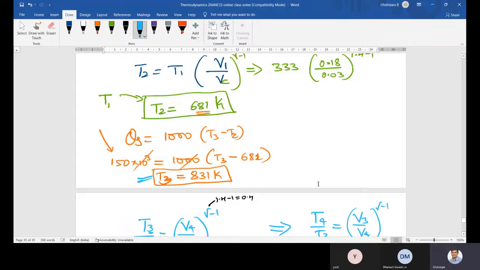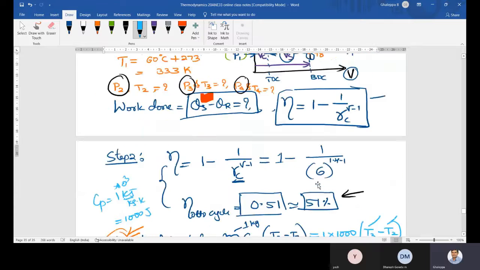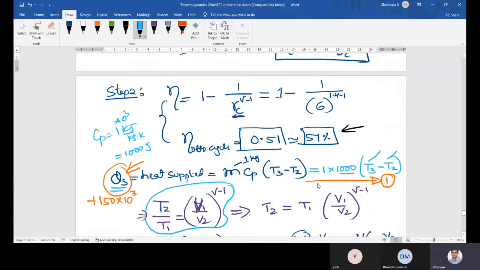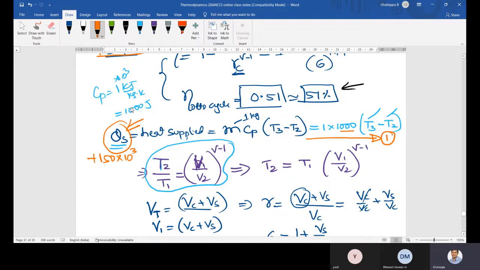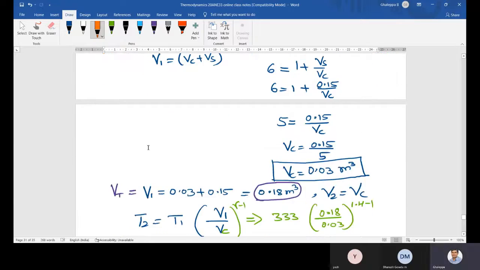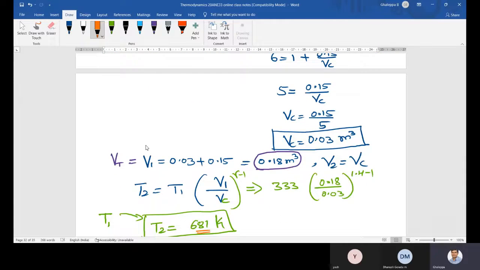So now we will split it into steps. Step number 2 is efficiency. Step number 3 is QS, which is heat supplied.